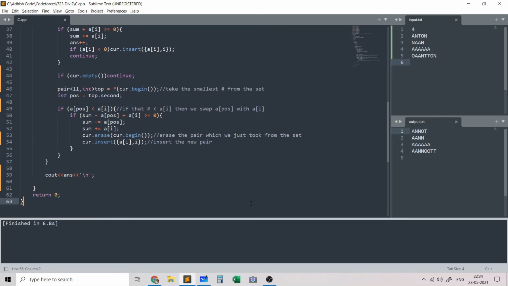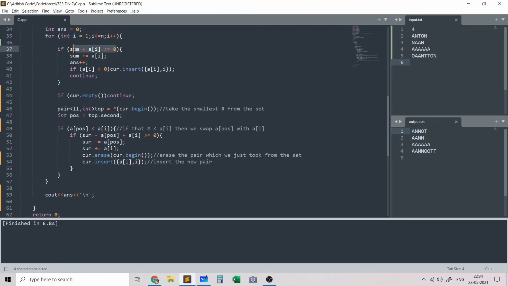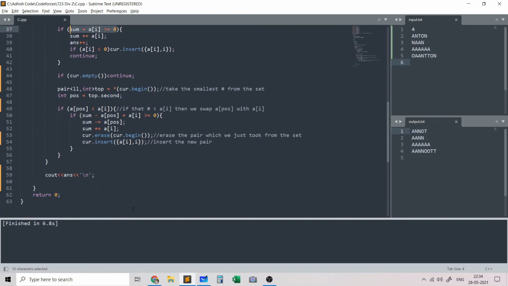To summarize the idea once again, we used the greedy strategy, in which we took the ith portion if we could take it, and if we could not take it, then we found the portion with the smallest value, and tried to swap it with the current portion. If the resulting sum was still greater than or equal to 0, then we did the swap, otherwise we would not do the swap.